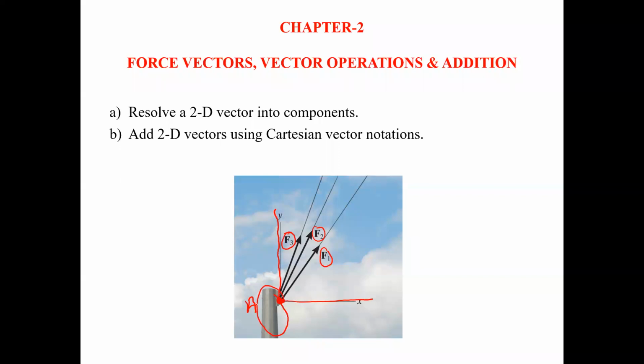If we have these three forces, we could analyze them one by one, but that is a long process. On the other hand, if we can find a resultant force of all these three forces, let's say FR, which is the resultant force of F1, F2, and F3.